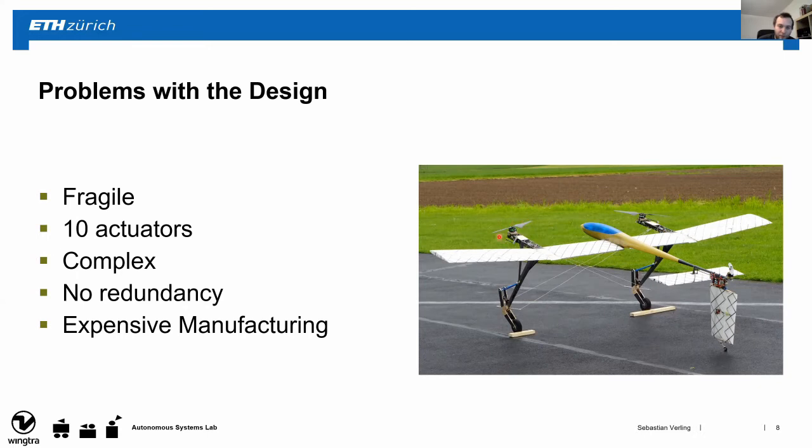It had 2 here, the propeller and the tilting mechanism, another 2 here for the other side for the propeller and the tilting mechanism, the ailerons here and here, the elevator, the rudder, and here again a propeller with tilting mechanism. Now, even though we had this many actuators, we still didn't have any redundancy. Finally, the manufacturing process was pretty complicated and therefore it couldn't really scale. So if we would want to manufacture multiple of them, it would be pretty expensive.